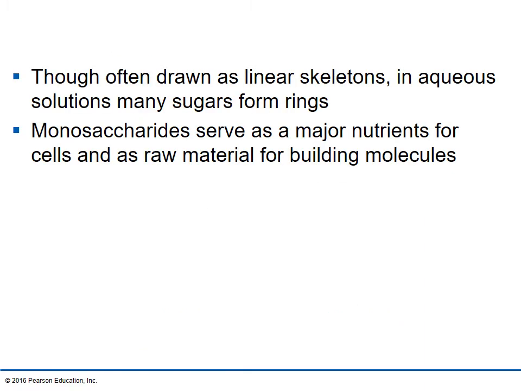Okay, so we just got finished looking at a couple of different linear monosaccharides. What you need to know is that monosaccharides are not necessarily going to be linear. Most of the time they're going to form a ring structure. It really just depends on the environment that they're in. So they would serve as the solute. In this case, if we said the solvent was water, meaning the sugar was in an aqueous solution, you would get the ring formation.